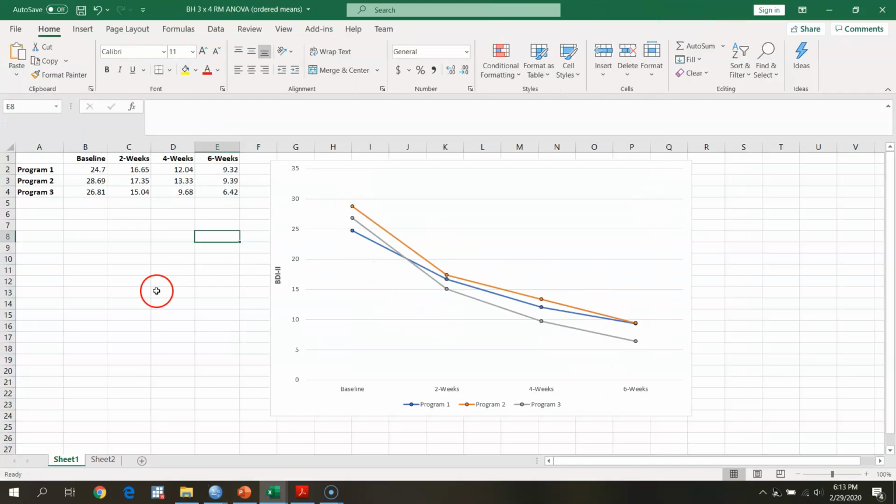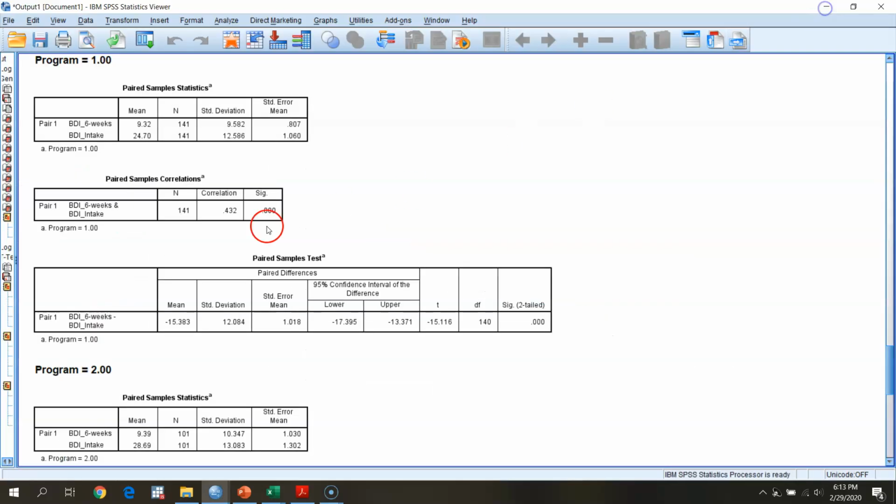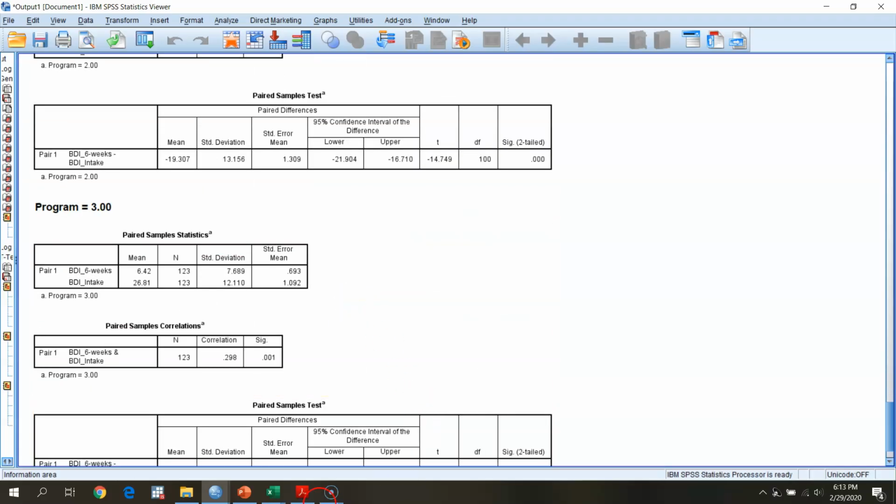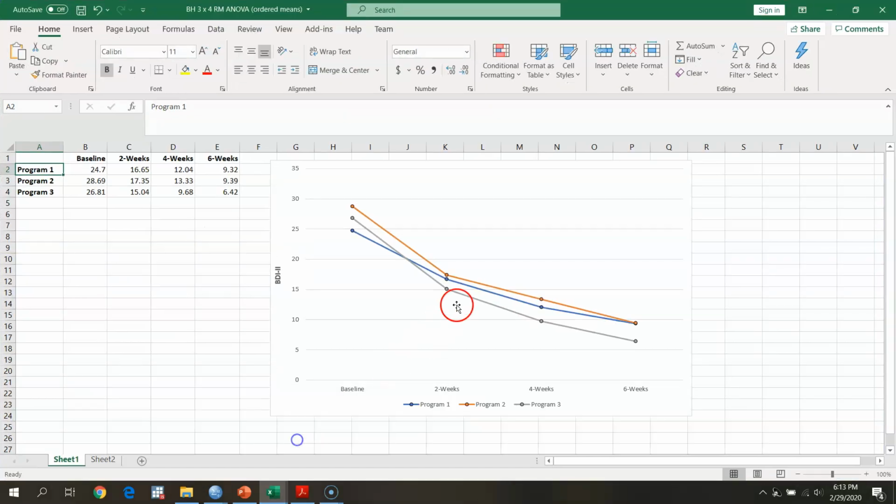These are very clearly with hundreds of people within each one of these. What do we got? We got 141 in group 1, 100 in group 2, 123 in group 3. There's no concern about whether or not that's going to be a difference that's different than 0.